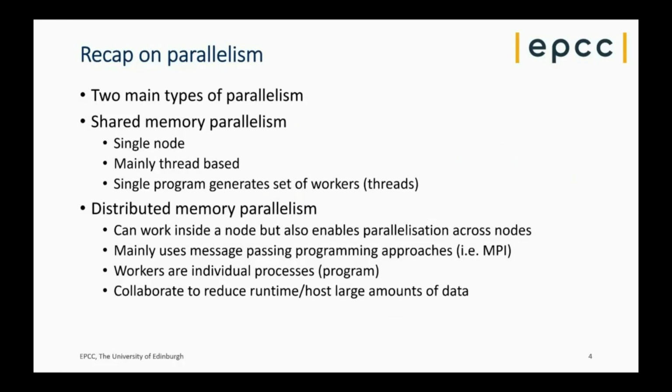Basically, shared memory parallelism lets you run workers that cooperate together, but only inside a single node. So you can write a program on ARCHER2 that runs up to, say, 128 cores. If you're using a shared memory approach, you can't go beyond that. That may be useful for you, but it's also limiting in the long run.